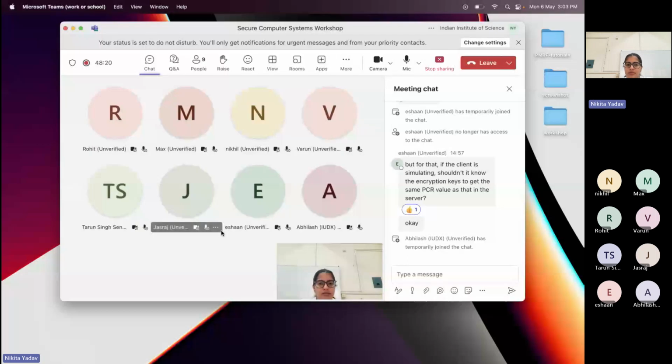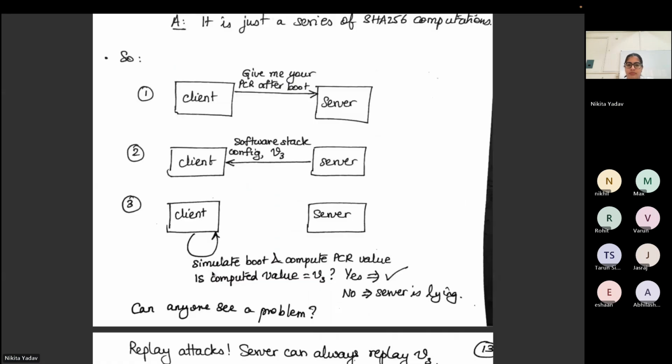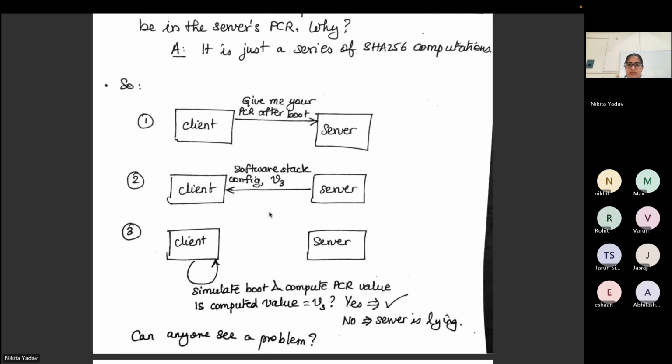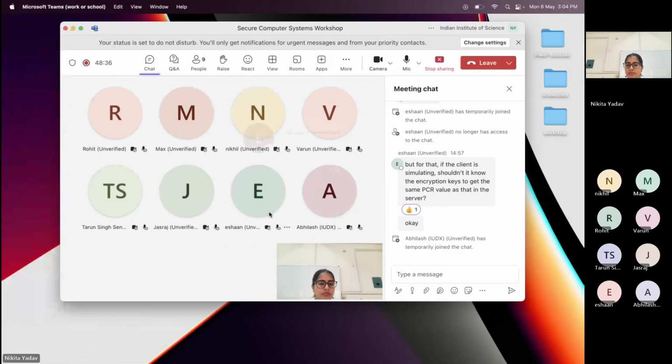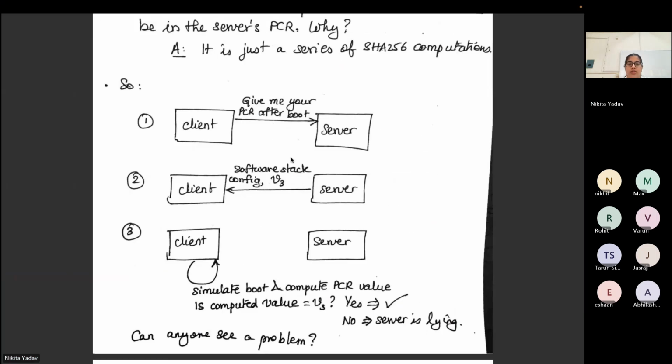Is that clear? So what is being replayed here? What we have discussed is that the client can ask the server to provide a proof of the software stack.